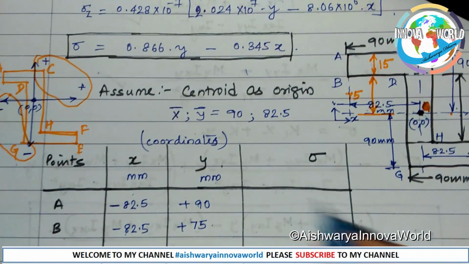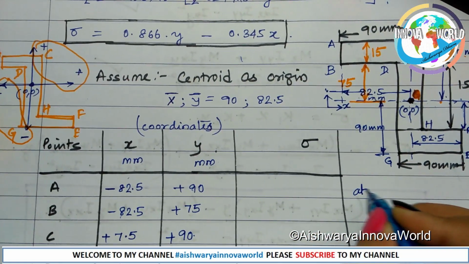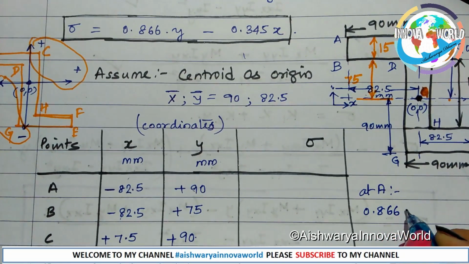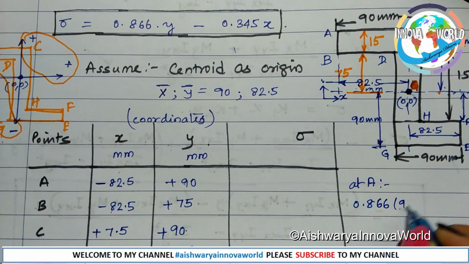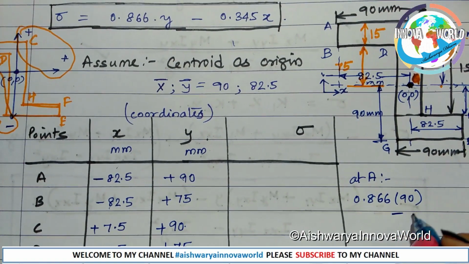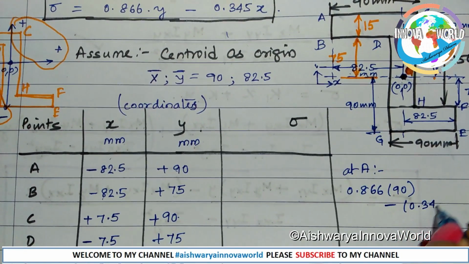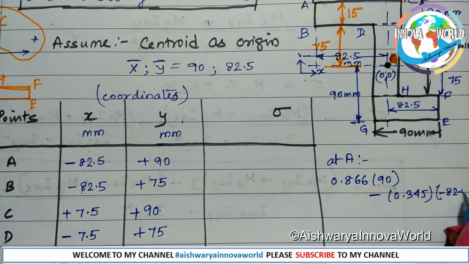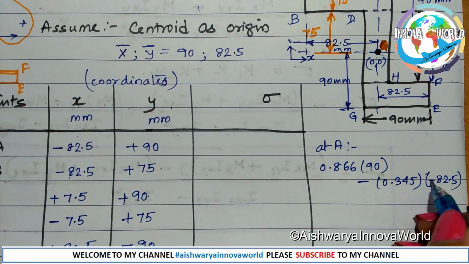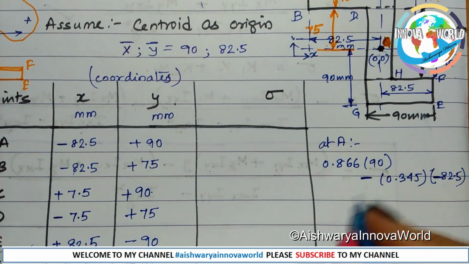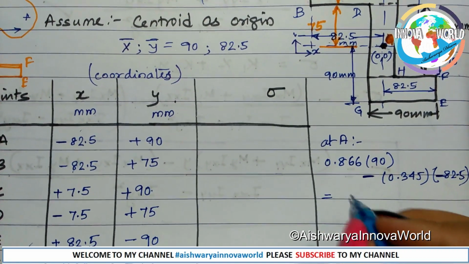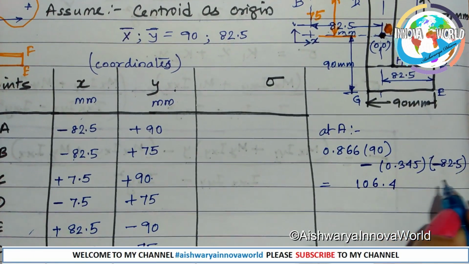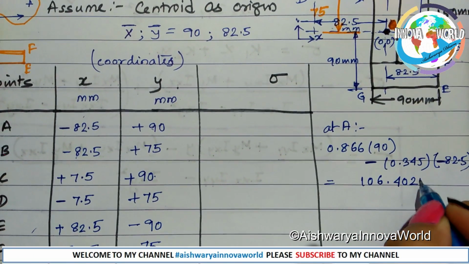So let's substitute the first one at point A. So we have 0.866. What is the y at point A? 90. Minus of, we have 0.345. What is the x value? Minus of 82.5. See here also minus, here also minus. So it will become plus and you get a positive value, 106.4025.